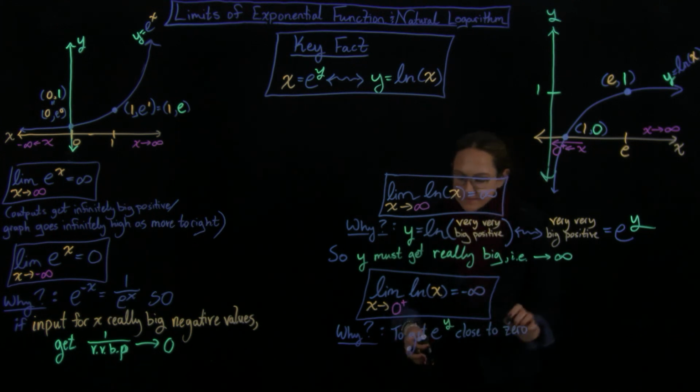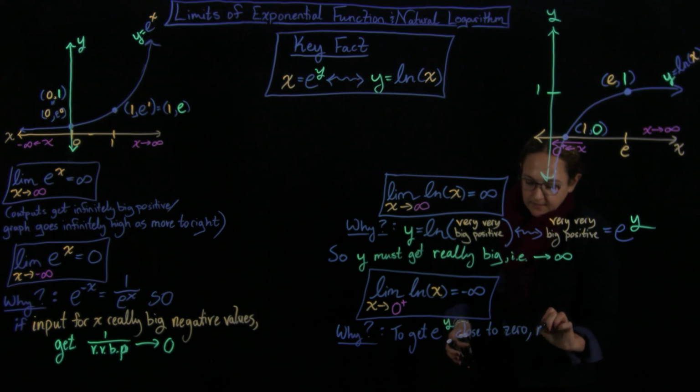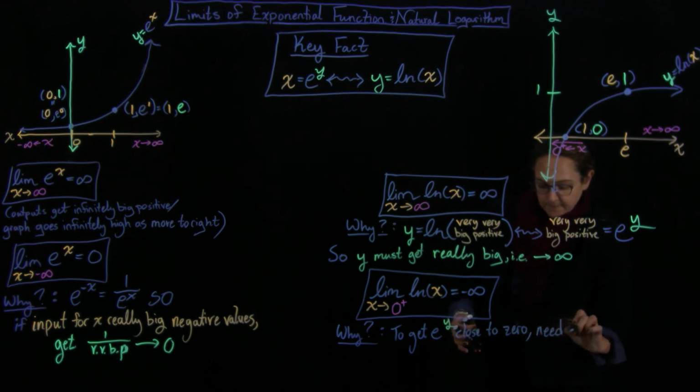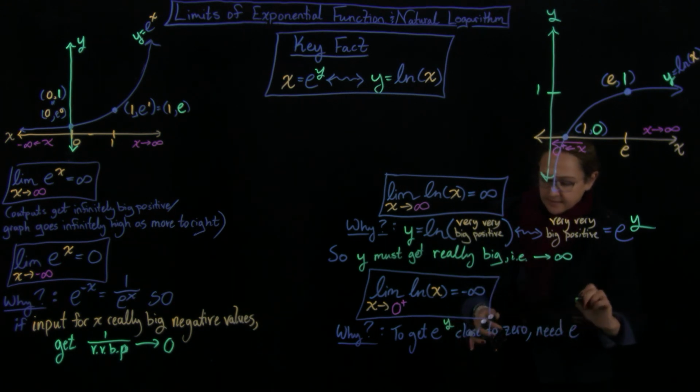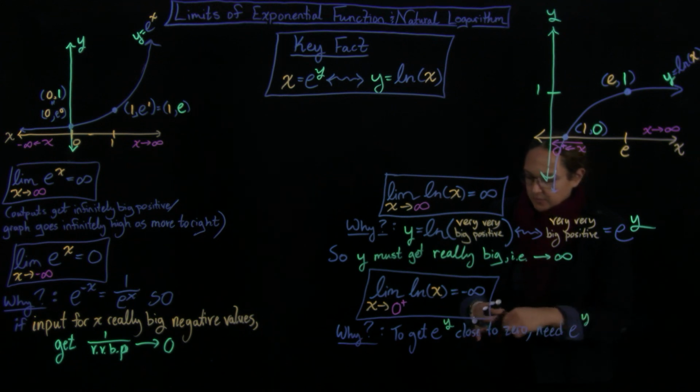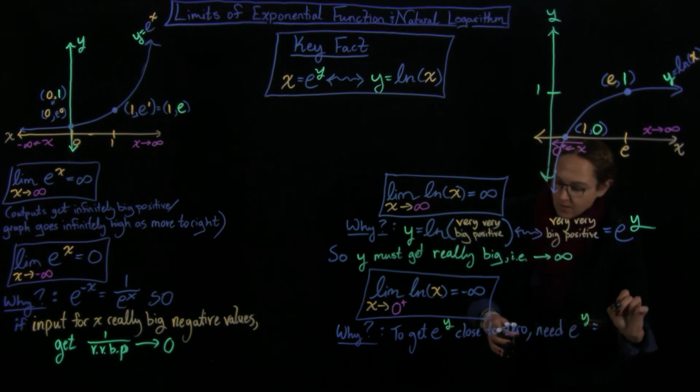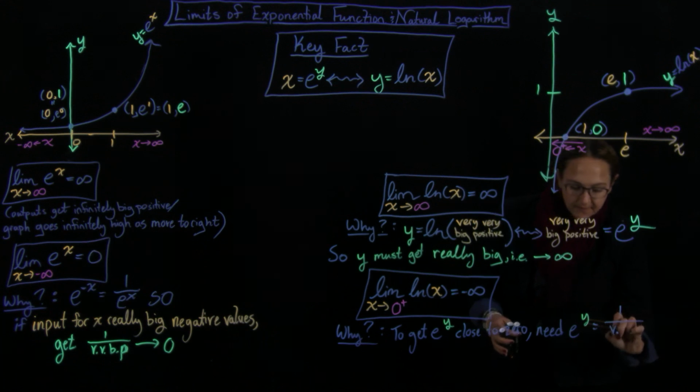We need that e to the y is equal to 1 over something very, very small.